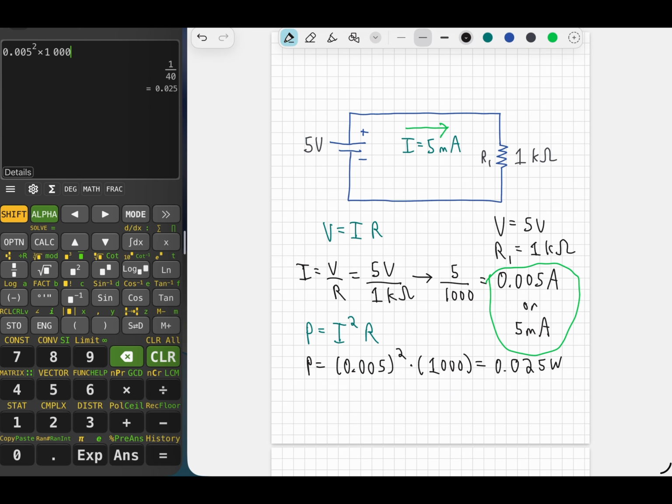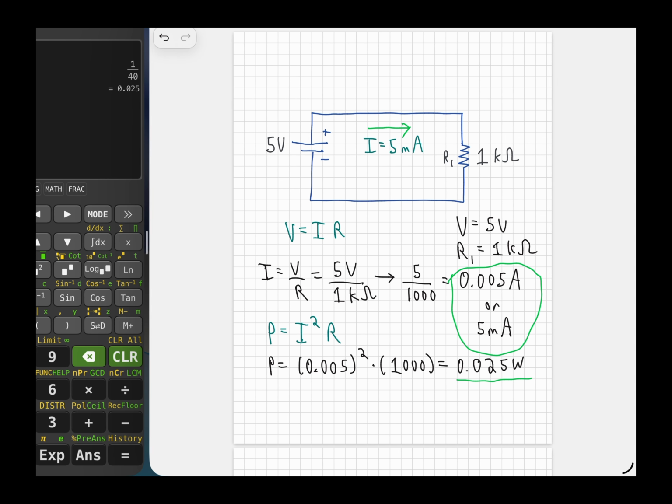If we got this value right here, 0.025 watts, that means that going through this resistor, we're using up energy. As the current goes through this resistor, the energy is being used up because power is energy over time, time being in seconds.